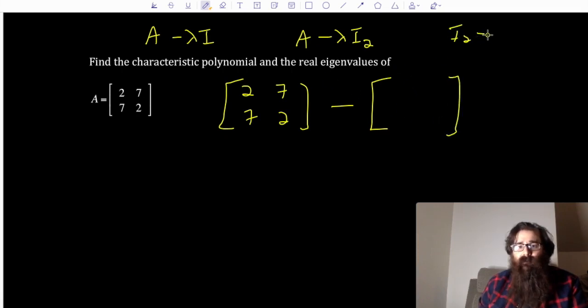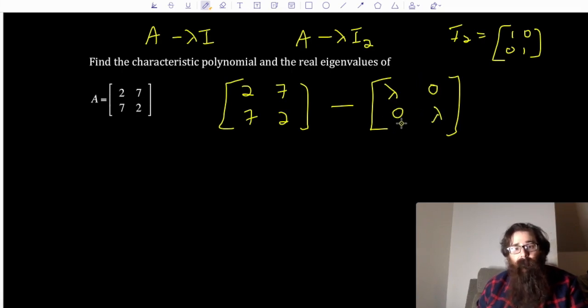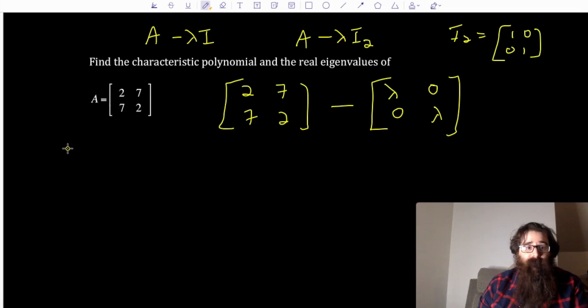Right, so I2 looks like 1, 0, 0, 1. If I multiply lambda into it, I get lambda on the main diagonal, Greek letter lambda, and zeros off that main diagonal. Now I want to do the subtraction, and we probably don't need to show this step.